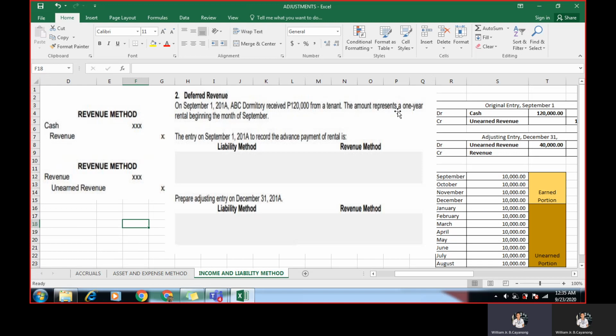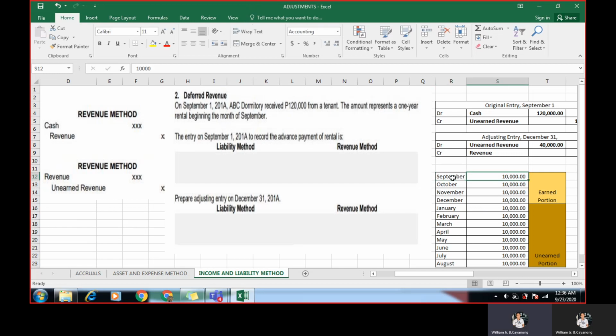The amount represents a 1 year rental beginning the month of September. Again, if we are going to adjust, we have to be careful of the date: September 1, and we are going to adjust it at the end of the period. So let's have first the liability method.